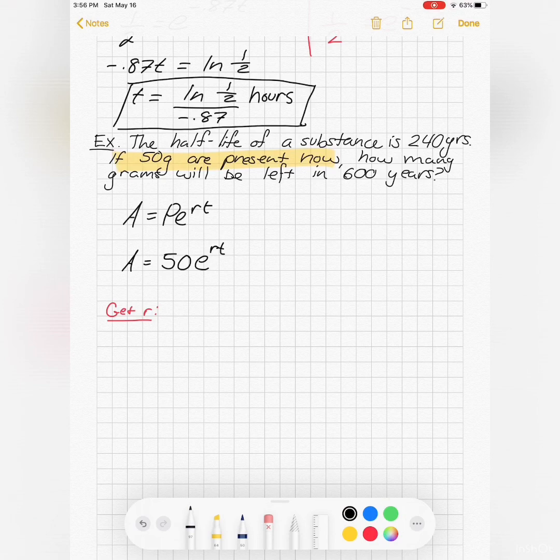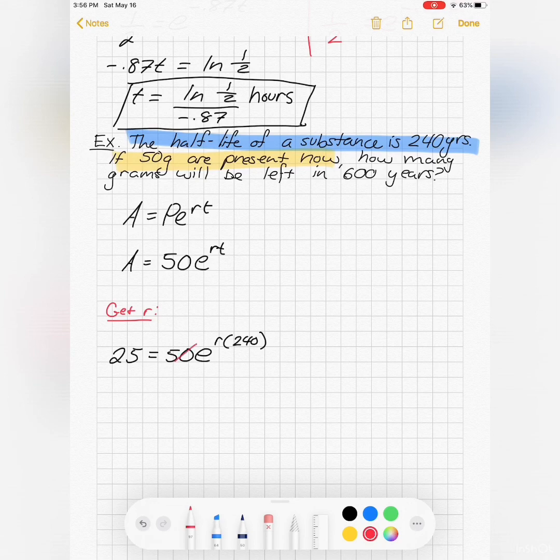Okay, so then let me see what I know. Well, I know the half-life is 240 years. Okay, so let me see. That means if I start with 50, I'll end up with 25. That takes 240 years.